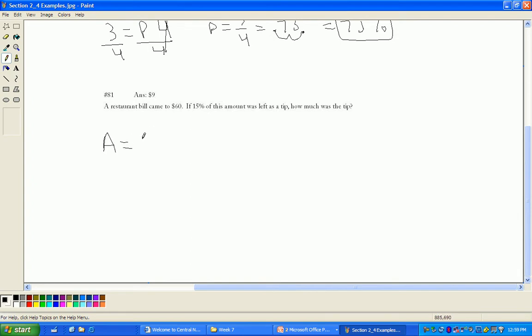When we know the percent, which is 15%, we got to put that in decimal form. 15% is 0.15 times our base, which is 60. So if we go and do the multiplication, 0.15 times 60 turns out to be 9. And sure enough, that's our answer at $9.